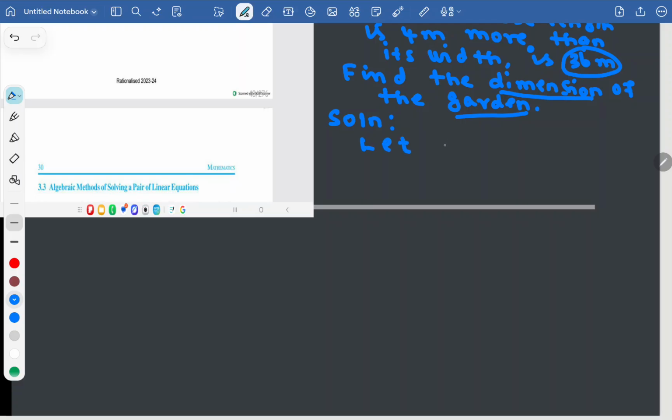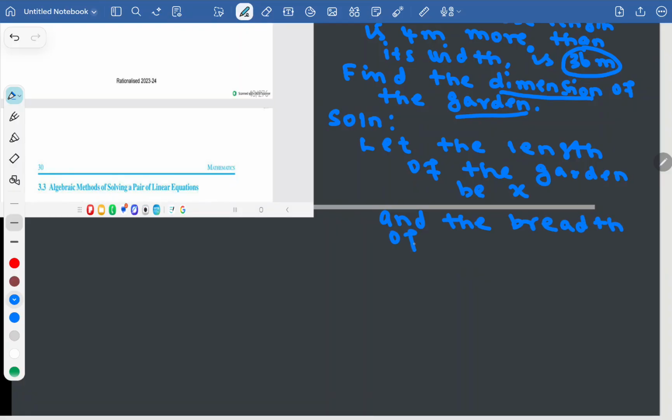Let the length of the garden be x and the breadth of the garden be y.